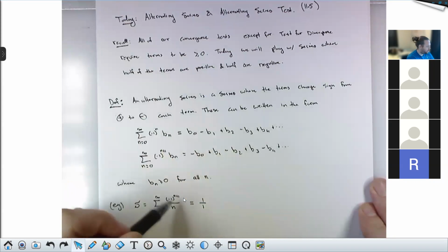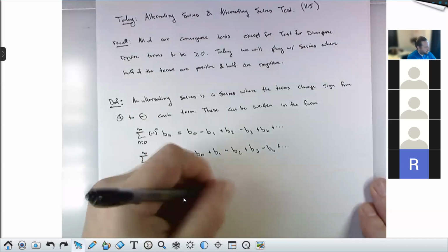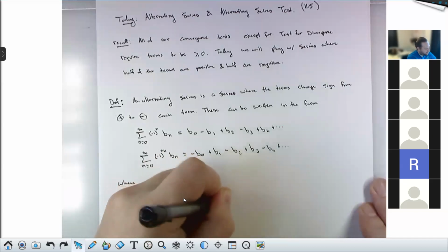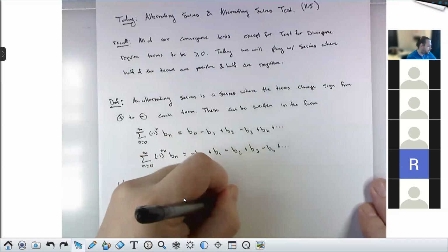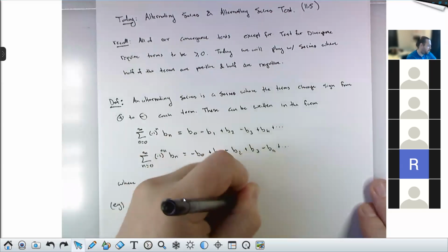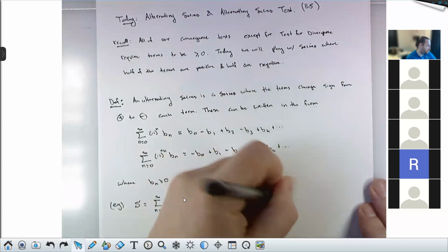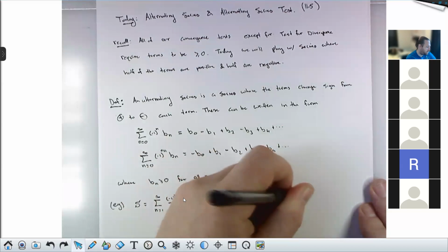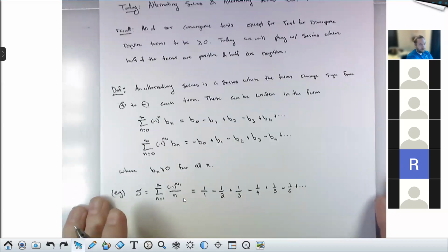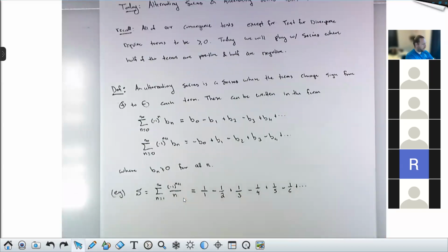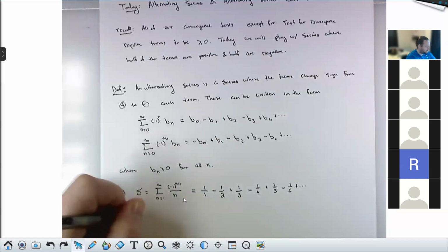So it's n equals 2, (-1)^3 over 2, minus 1/2. Plus (-1)^4 is +1 over 3, minus 1 over 4, plus 1 over 5, minus 1 over 6, and so on. This is an alternating series.